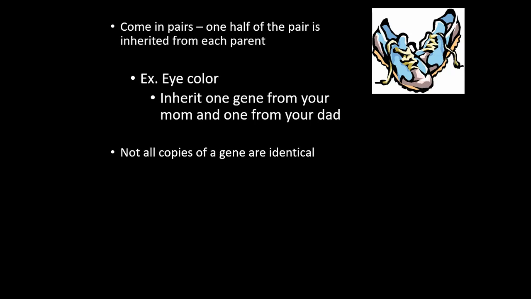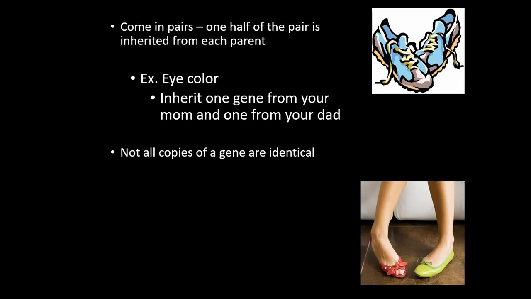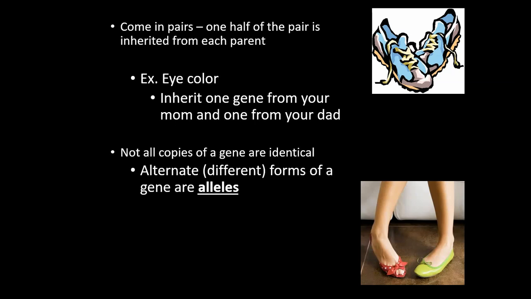Not all copies of the gene are identical. So obviously for eye color, there's a wide range of eye colors. So they're not all identical, otherwise we'd all have the exact same eye color. Alternate or different forms of a gene are called alleles.